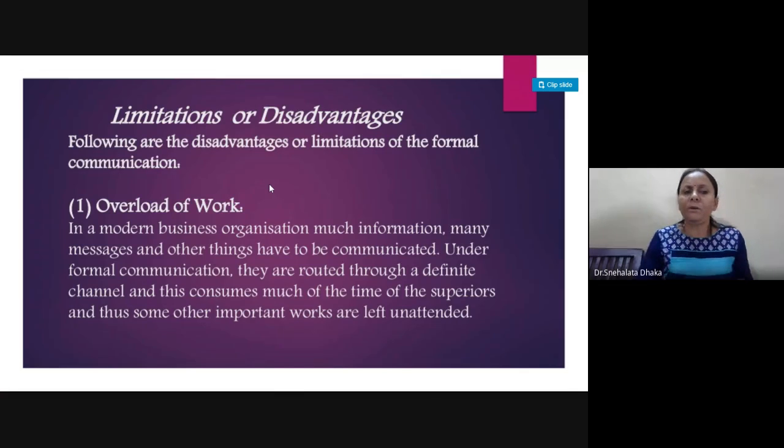Okay, what do we mean by overload of work? It means that because of the formal communication, okay, there are so many situations where all the tasks are repeated, okay, repeated many times.